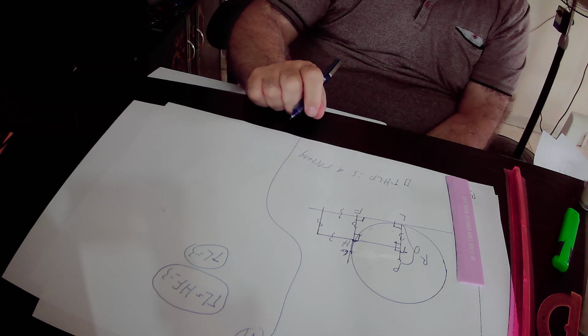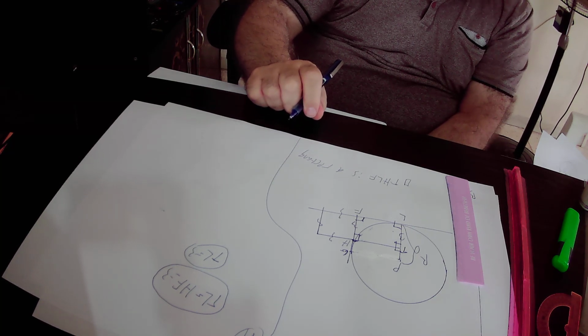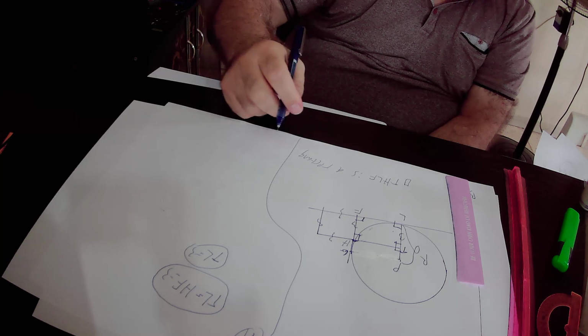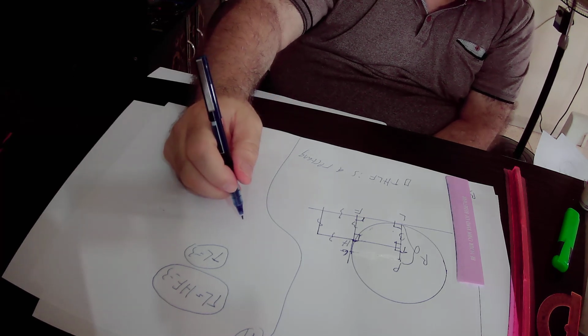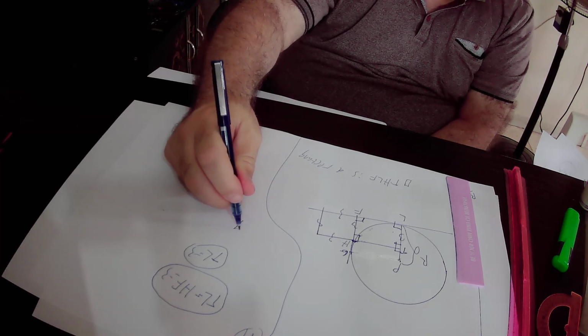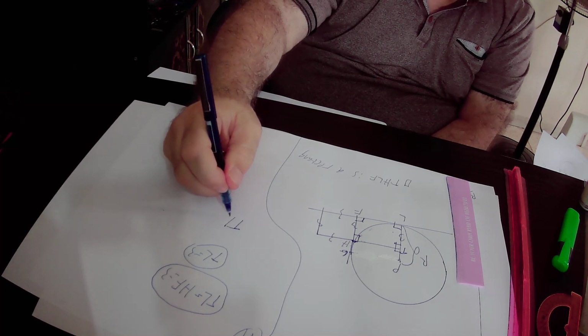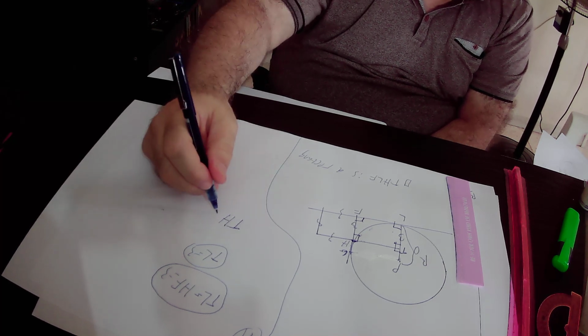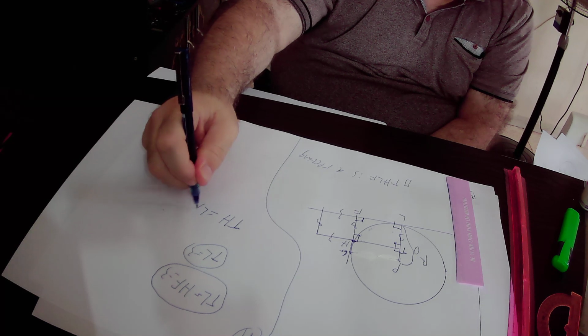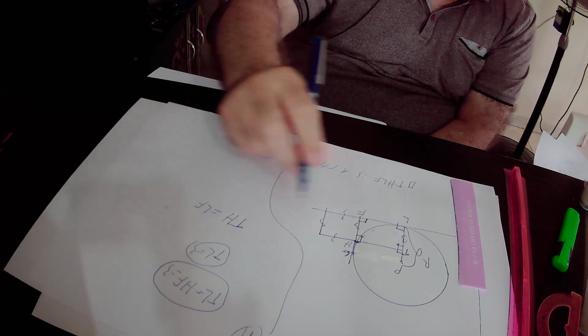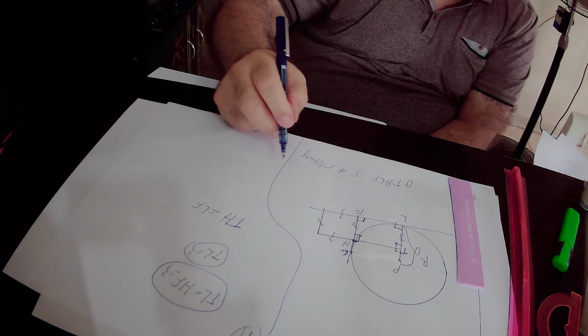Likewise, according to the same rule that the opposite sides of a rectangle are equal to each other, we get that TH is equal to LF. Side TH equals LF.